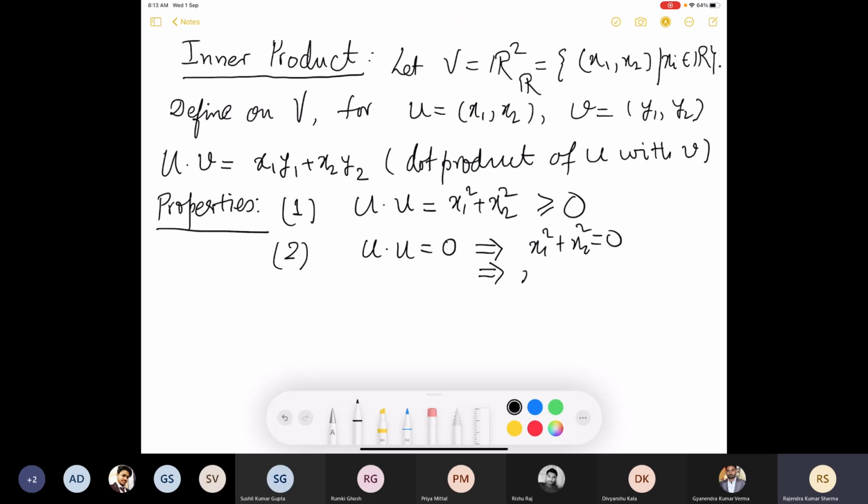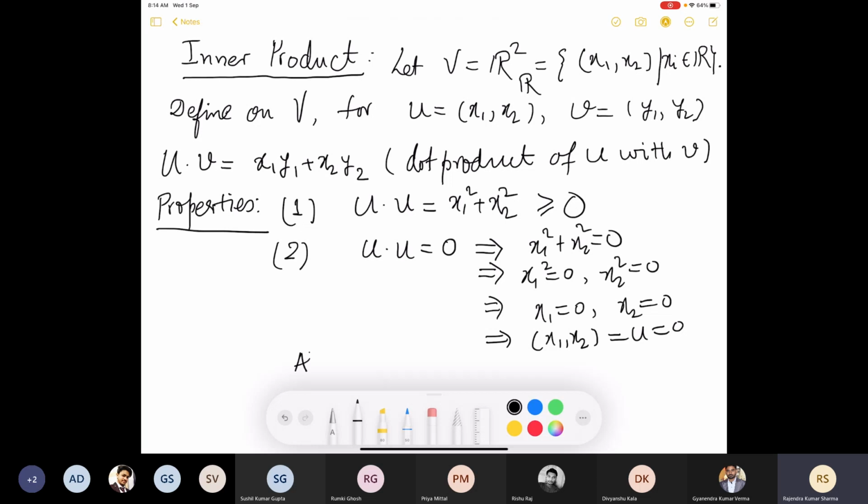So this means x1 square is 0 as well as x2 square is 0. Now in real numbers, if the product is 0, at least one of them is 0. Now both are x1. So this makes that x1 is 0 as well as x2 is 0. That means the ordered pair x1, x2, which is u, is also 0.